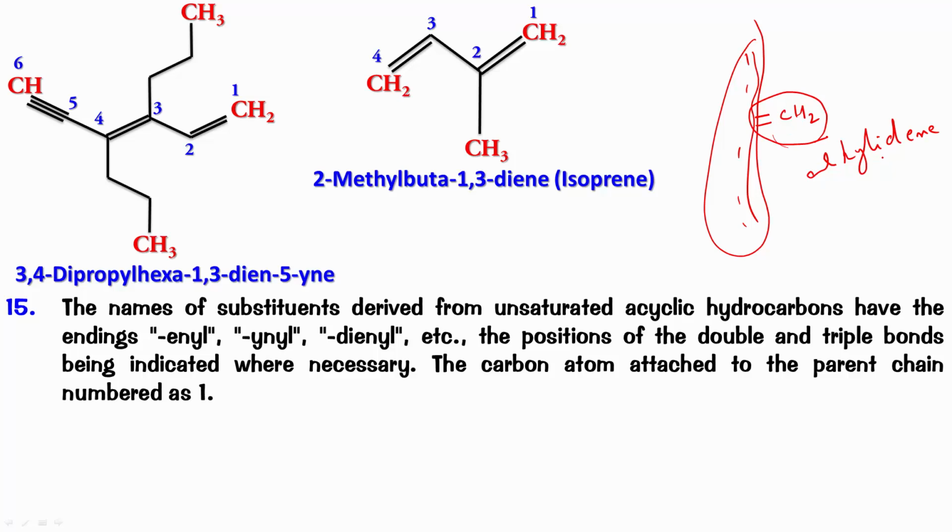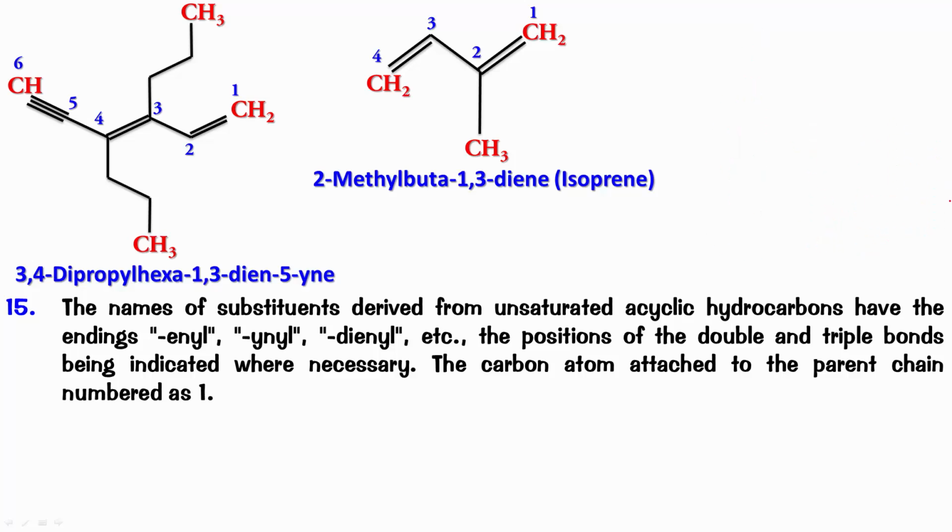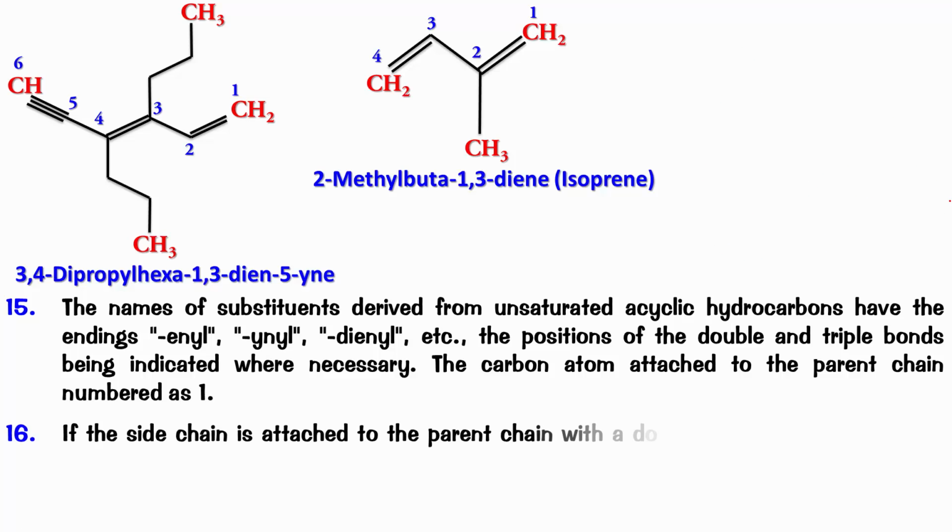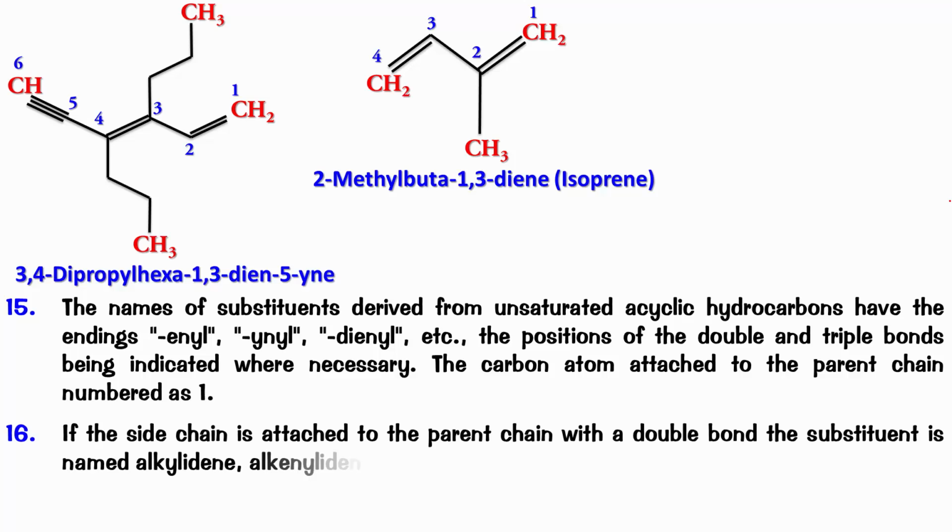And if it further contains double bonds, alkenylidene, alkynylidene. Now let's get this rule, and once I show you some examples, you'll be able to understand them better. So if the side chain is attached to the parent chain with a double bond, the substituent is named alkylidene, alkenylidene, alkynylidene. Let's check this out.